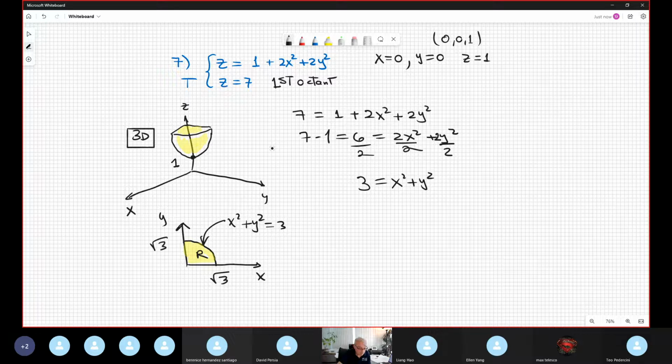So far, follow me? And they want, can you compute the volume, please? Using a triple integral. However, a specification: it's in cylindrical. Now remember, cylindrical is a combination of polar and Cartesian.